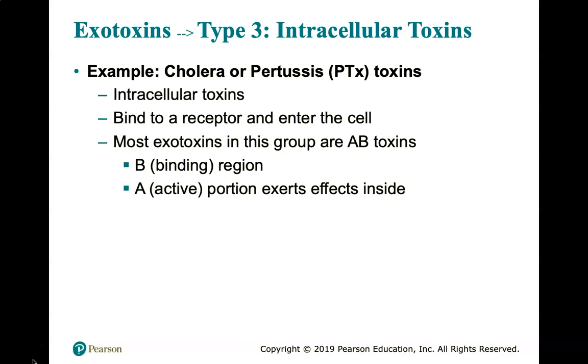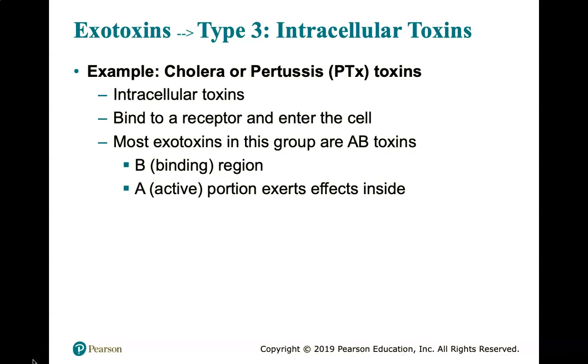Intracellular, this is what we call an AB toxin, an AB exotoxin specifically. The A portion is the active portion, which triggers an effect inside the cell. The B portion is the binding portion. So you have the A portion attached to the binding portion, the B portion. They attach to the target cell.